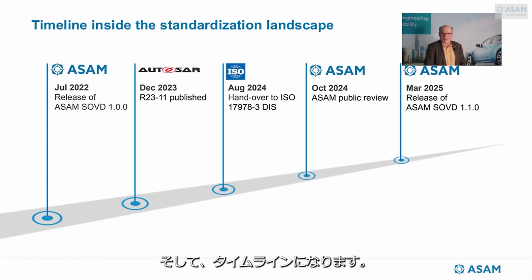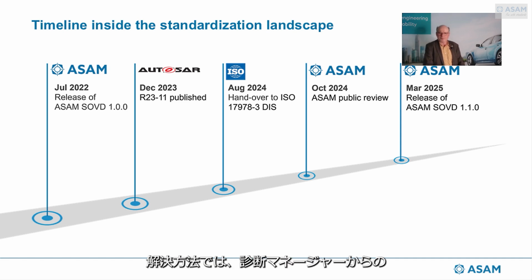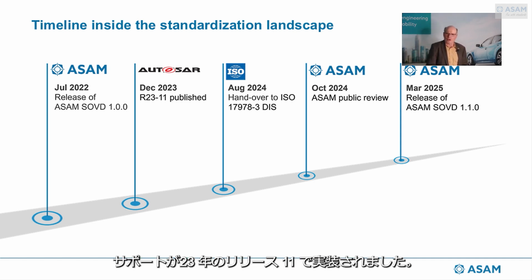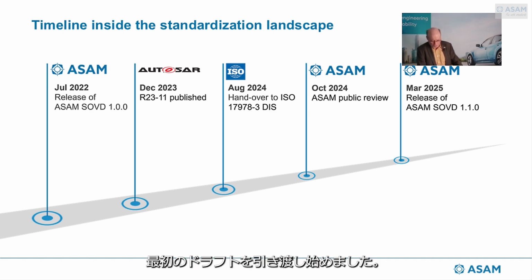And there we come to the timeline. Version 1.0 was released in July 2022. In AUTOSAR, the support, that it is supported from the diagnostic manager, was done with release 11 in 23. In August, we started to hand over a first draft to these work groups.